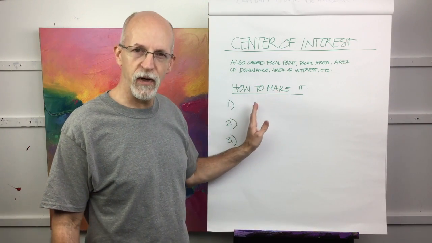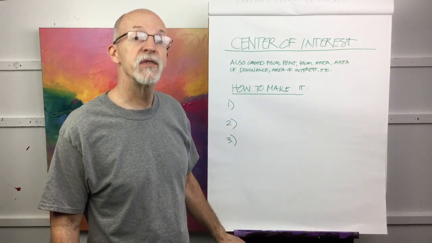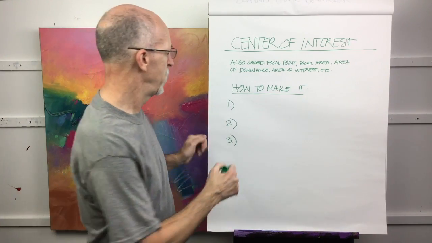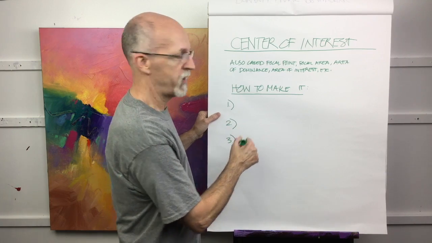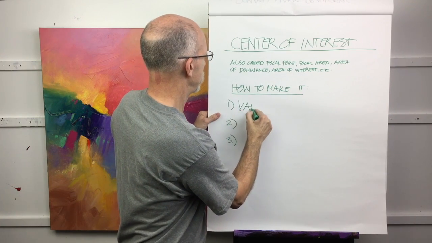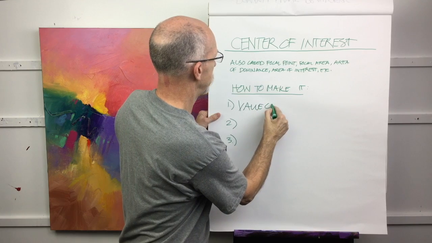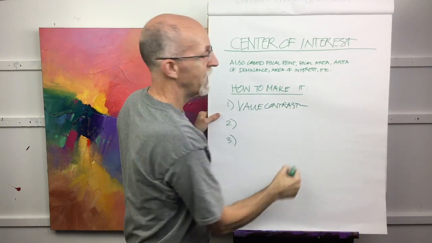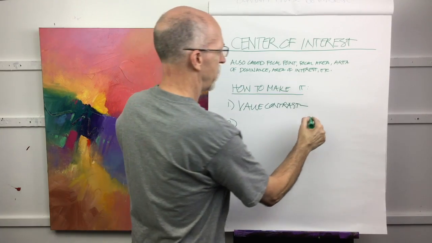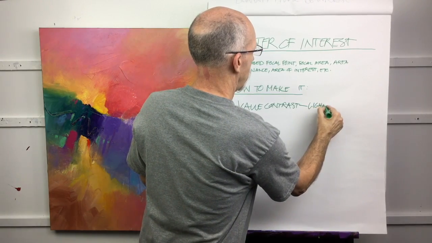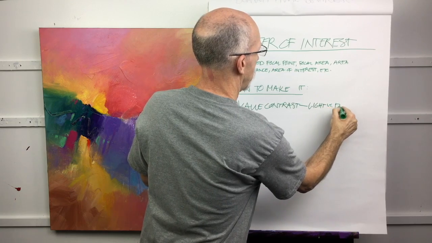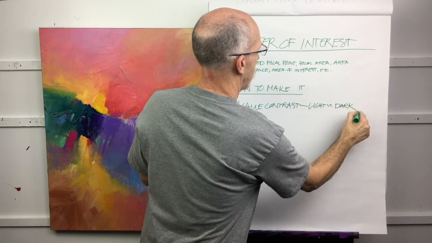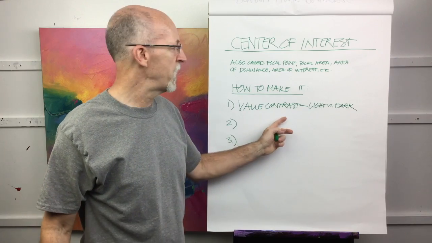Now, there are three main ways to make a center of interest. The first is value contrast, and that's light against dark. Paintings are all about contrast.